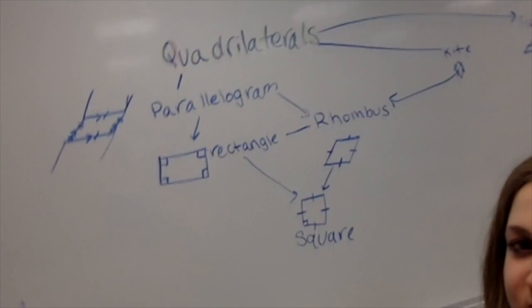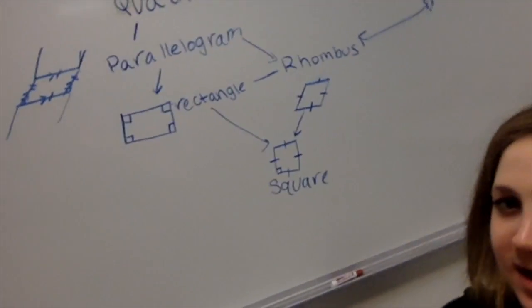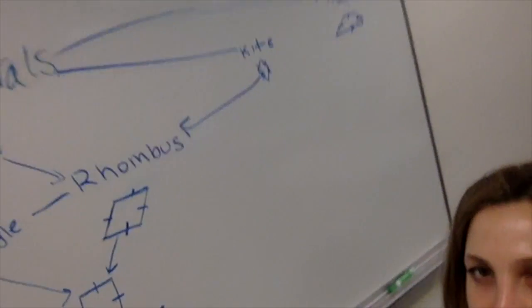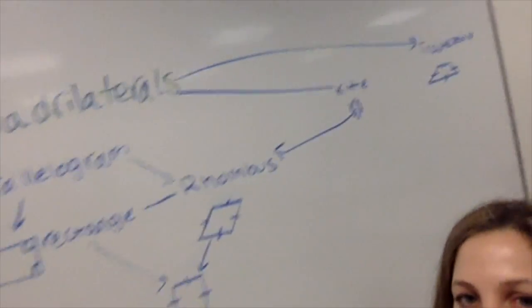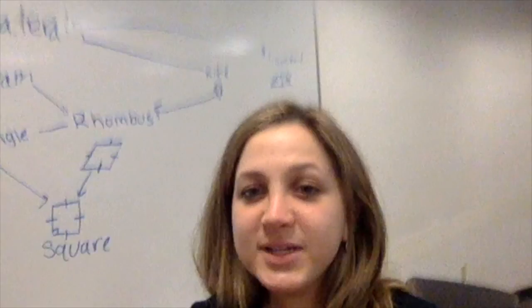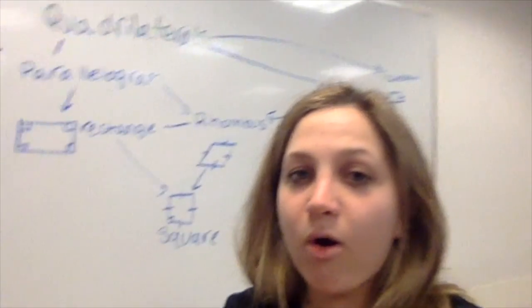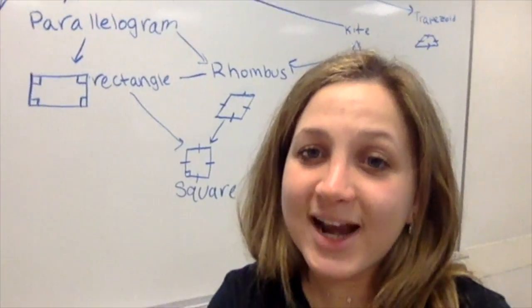So now let's look at this quadrilateral tree as a whole. As we see, many of the figures are connected, and that is because they are all quadrilaterals, or four-sided figures.